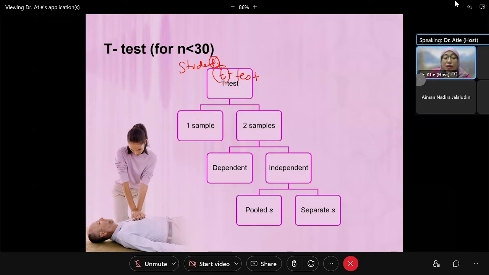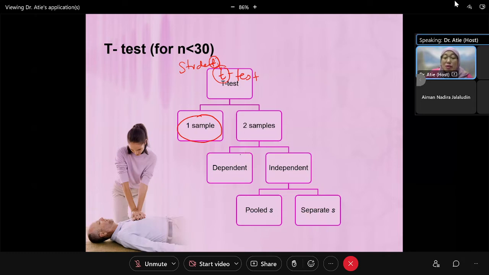For the first hour, we are going to do the one sample t-test first. And then hopefully on Wednesday, we are going to do the two samples. For the two sample t-test, we have two types.